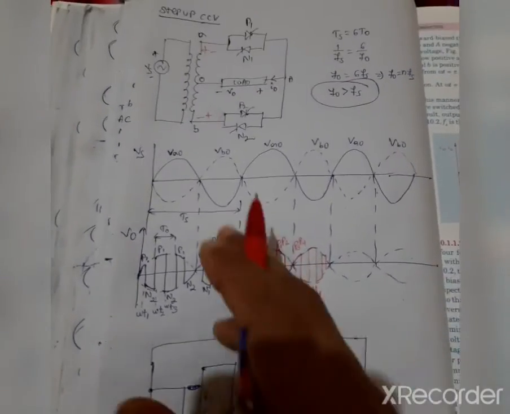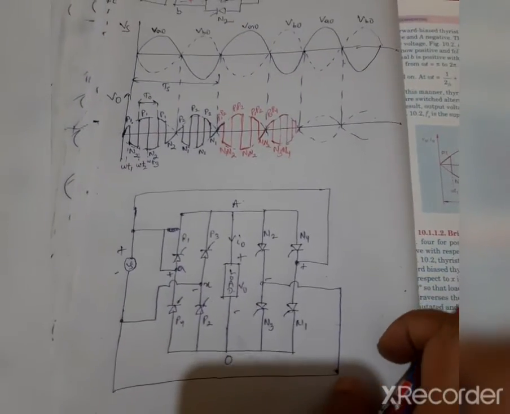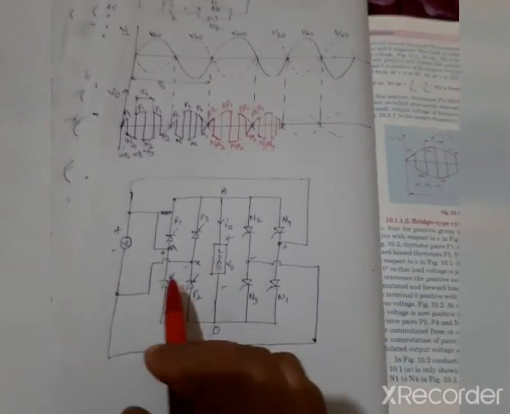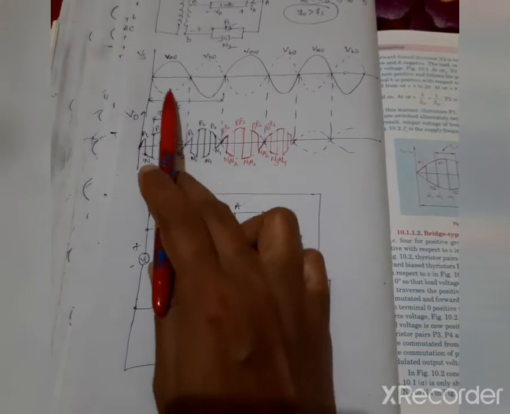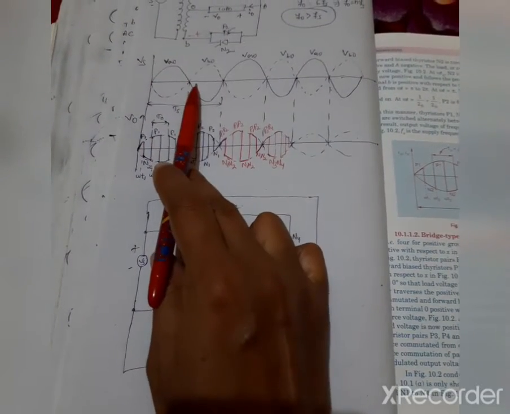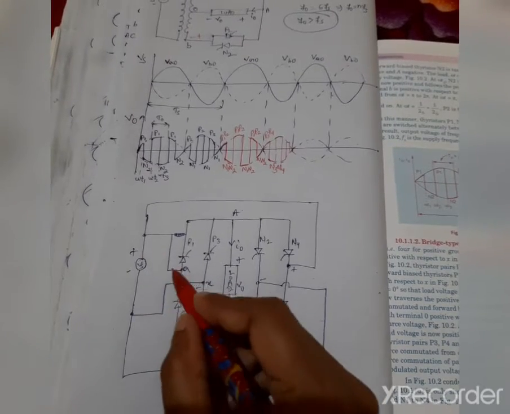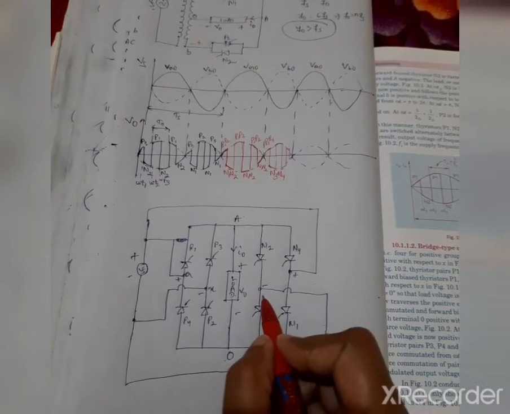So this is all about the midpoint type circuit configuration. Then come to the bridge type circuit configuration. In the bridge type, when we come across the positive half cycle, this point is positive and this point is negative, again this point positive and this point negative.